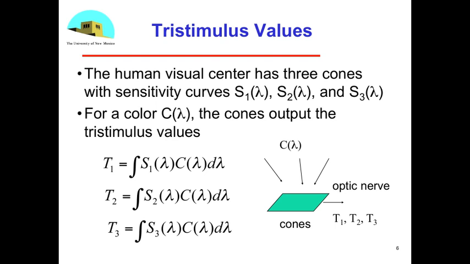But in terms of what goes to your eye when you see it, all of the infinite dimensional detail in C of lambda is taken out by integrating, scaling by the sensitivity curve, and all you get back are T1, T2, and T3. So you can look at what the cones in your eye are doing as a data reduction problem: they're reducing the function C of lambda into 3 numbers.